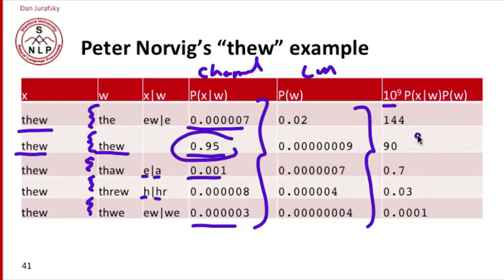You can see that the word the is correctly chosen, with very high probability, as the correction of the misspelling thew, by itself. And in context, this is using a unigram language model. If we're using a bigram or a trigram, we're even more likely to be able to distinguish when the word thew really was the word thew and when it was the word the.